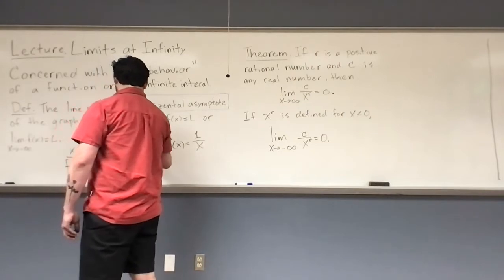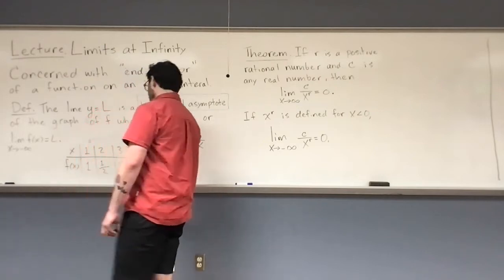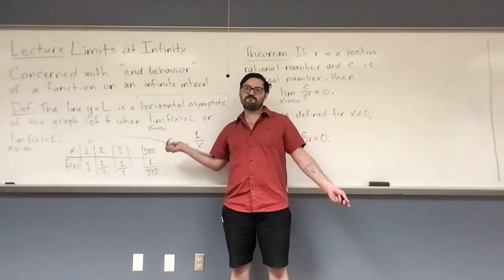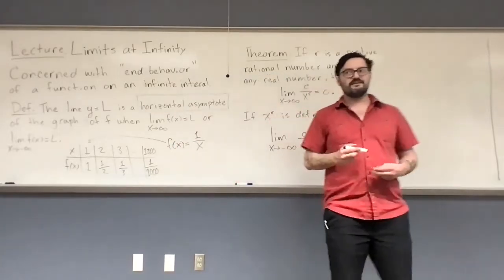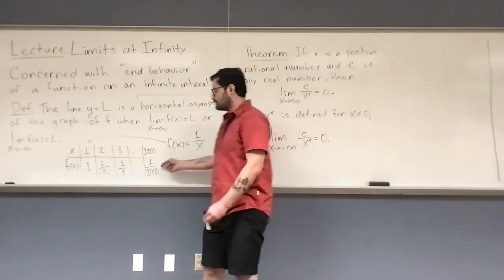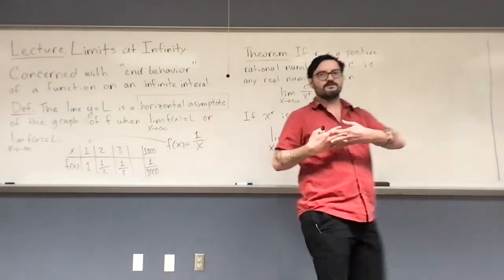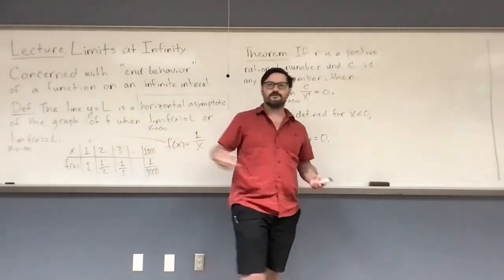When x is 1,000, the function's value is 1 over 1,000. Smaller. 1 over a billion would not be that far away. 1 over a billion squared. This thing is heading towards 0. It's never actually going to equal it, but it's going to get arbitrarily close to 0 as x gets larger and larger, close to infinity.